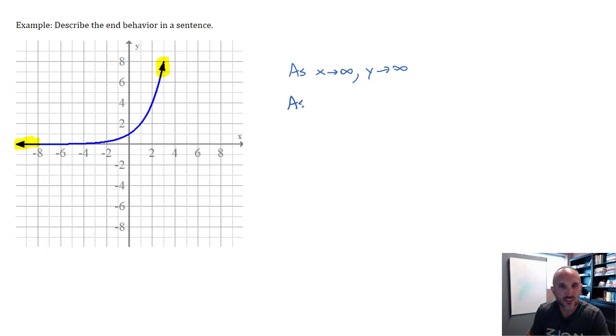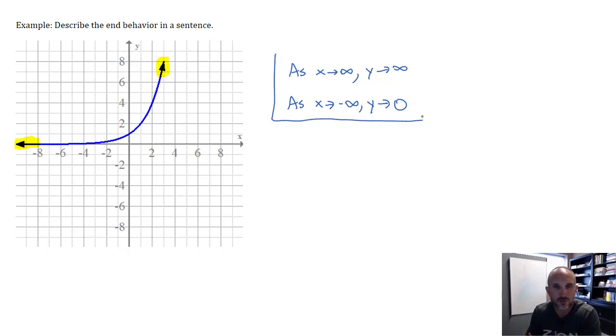As x goes to negative infinity, as our graph goes to the left, y is not going up or down forever. Instead, what it's doing is it's getting infinitely close to this x-axis. So what is y getting close to? Well, y is getting closer and closer to 0, right? This is the y value of 0, okay? And so that would be enough to describe the end behavior.